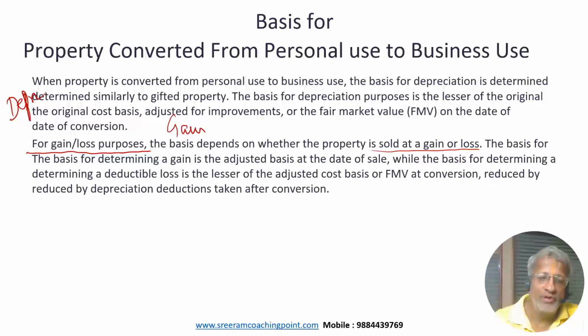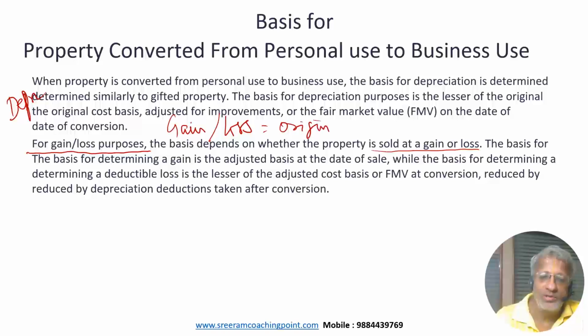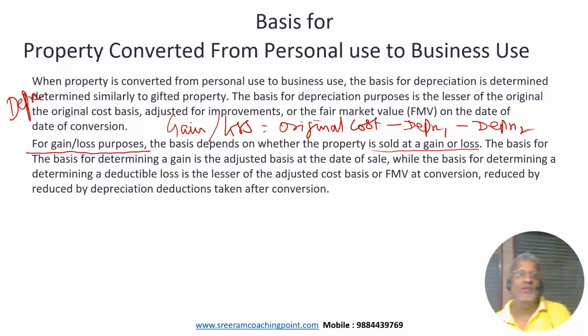Normally in accounting, what we do is take firstly the original cost, correct? Then we deduct depreciation until it is converted into business property. I would put it as depreciation number 1 minus depreciation number 2. What is this depreciation 2?